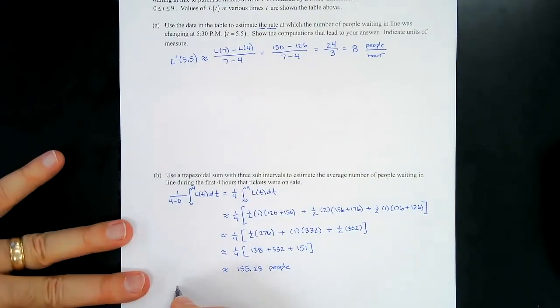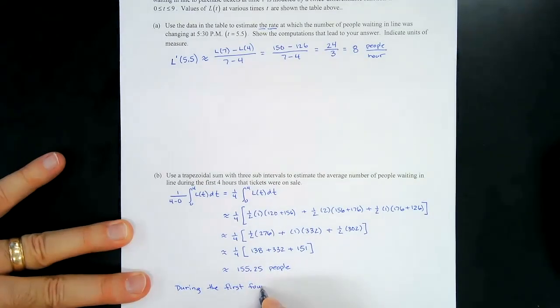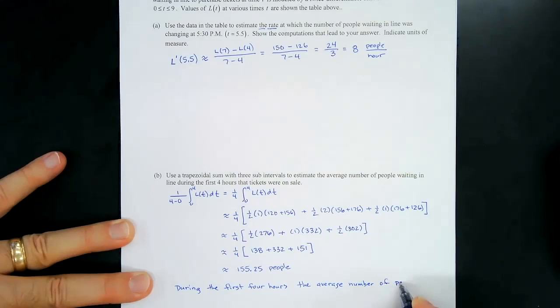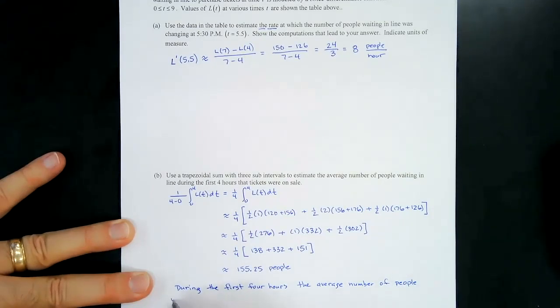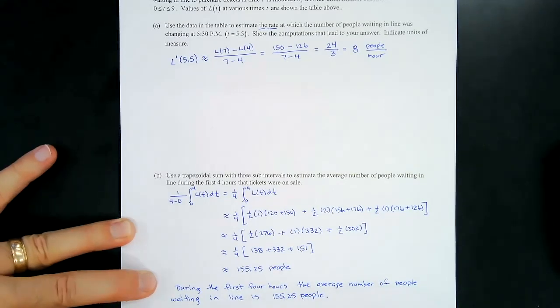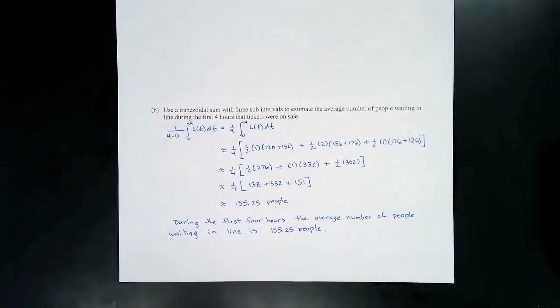So we can make that into a statement: during the first 4 hours, the average number of people waiting in line is 155.25 people. And so that's how you do this one.